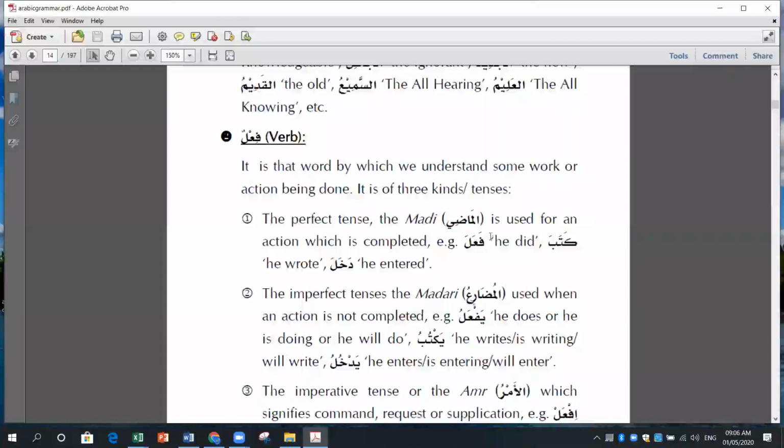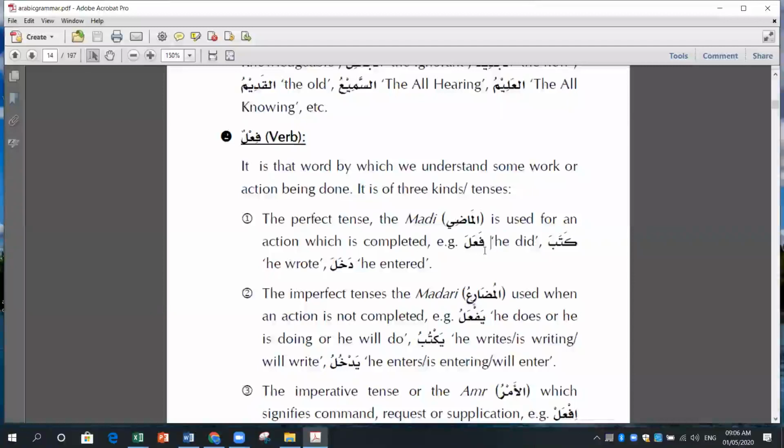For example, sajada, like he prostrated. Sajda, in salah we perform it, right? So it is on the same pattern, sajada. But he knew, ilm, you know? Ain, lam, mim, ilm. What does it mean? Ilm, knowledge. So the pattern of knowledge is not alama, it's alima, on the pattern of fa'ila.